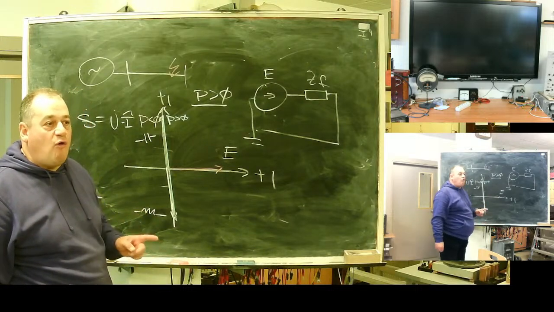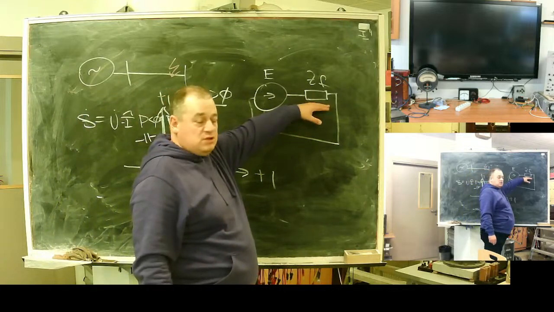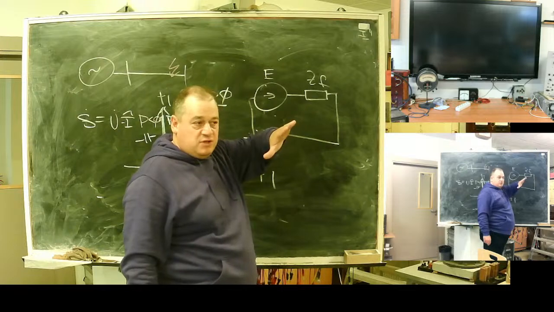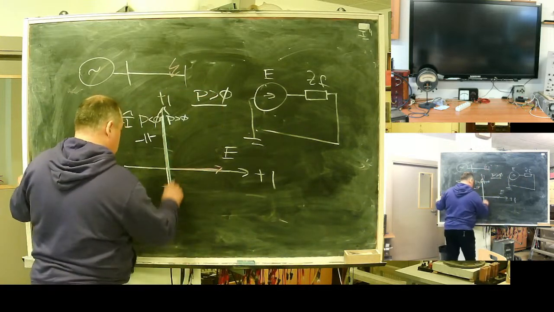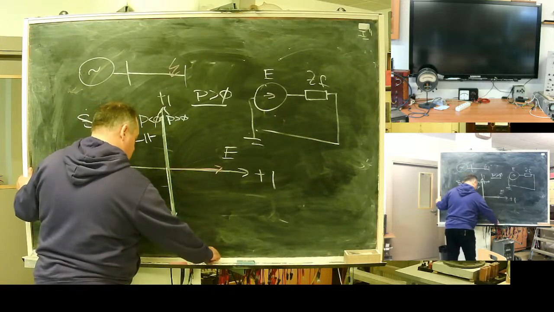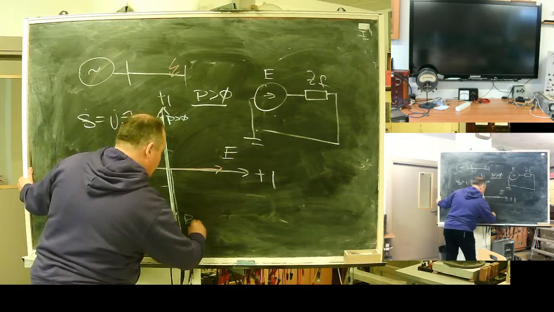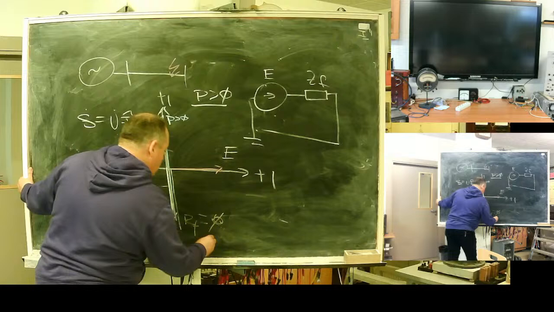What is the possible area of fault currents? Fault resistance may be absolute reactive, pure reactance. That means it will be here. This is when R fault is 0.